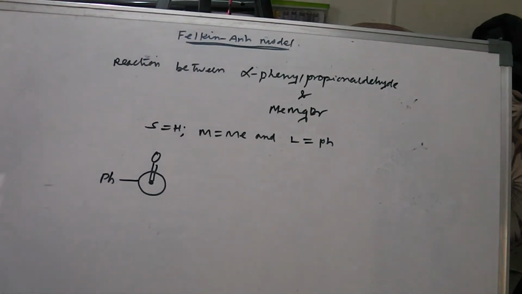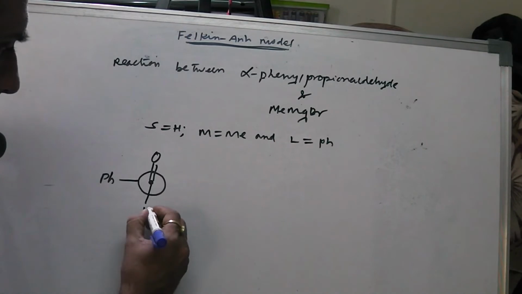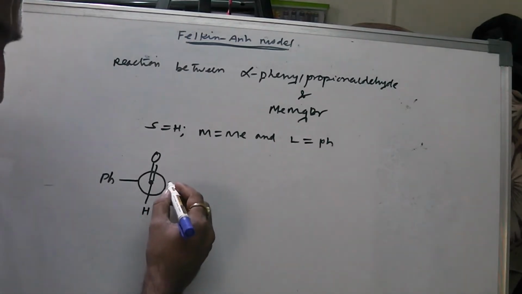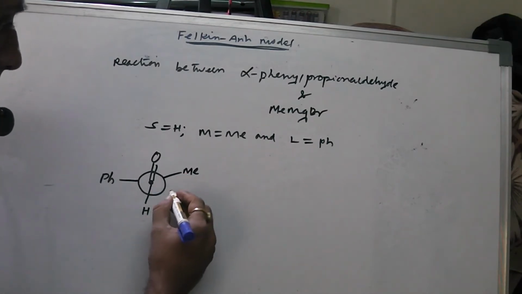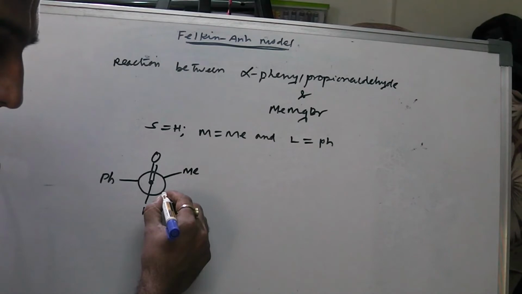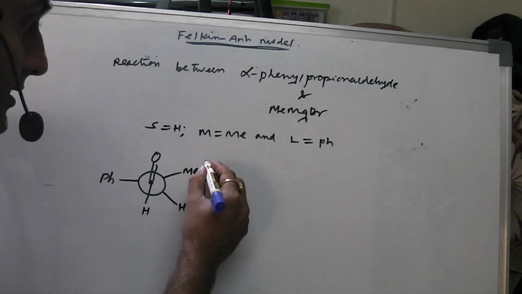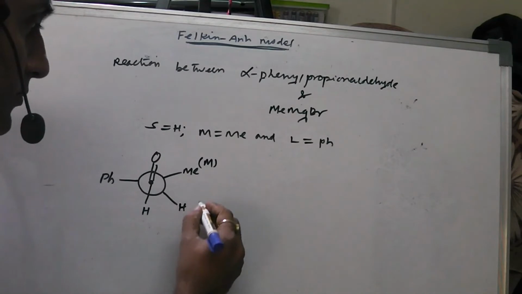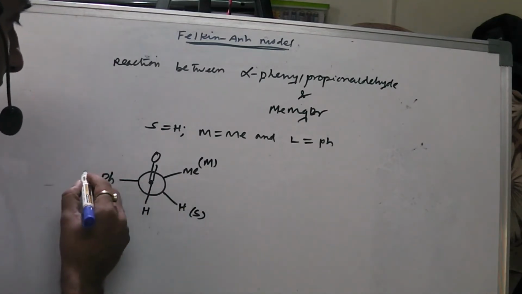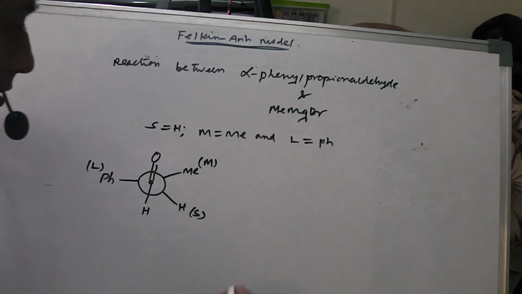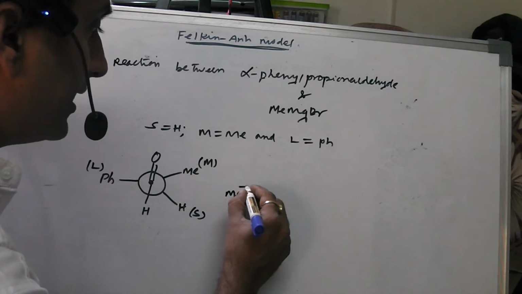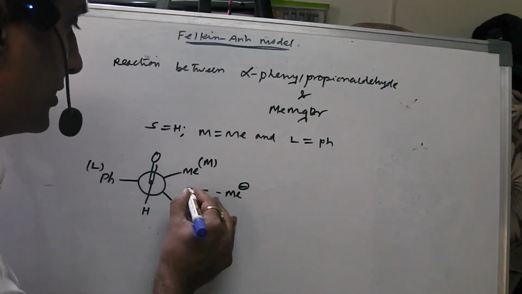The preferred conformation that we are talking about is where hydrogen is attached to the carbonyl carbon, with Me and hydrogen. This is the medium group, this is the smaller group, and this is the larger group. Now Me minus from MeMgBr is approaching.